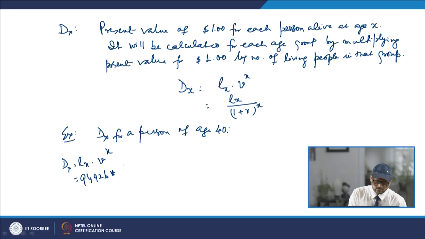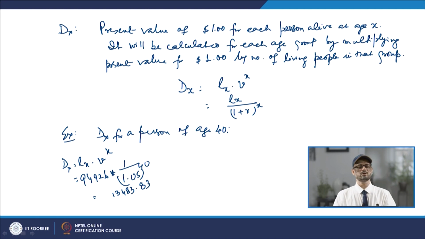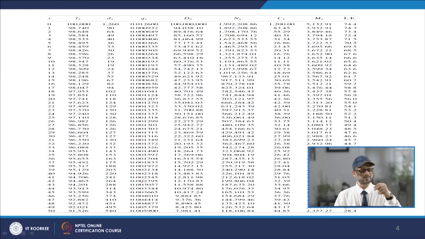This way you will get the value 13,483.83. If you look at the table for age 40 and go to the Dx value, it is 13,483.83. That is how you can find these values from the table.